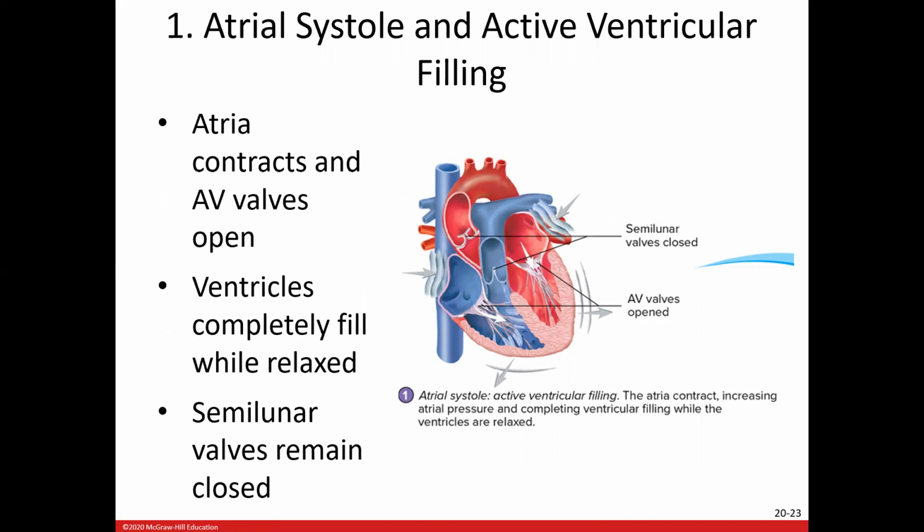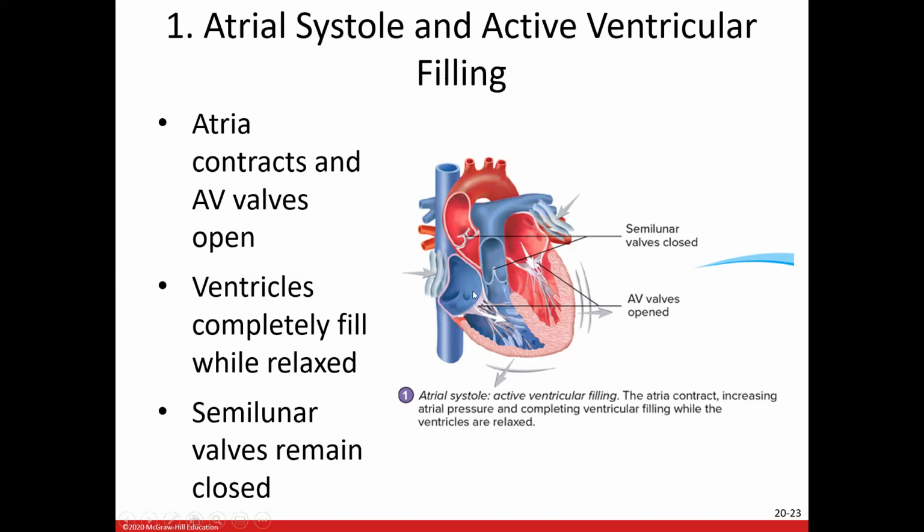The first one is the atrial systole and the active ventricular filling. What this means is that our atria, the right atria and the left atria, are going to contract, so they're going to squeeze from that action potential that the heart muscle has been given.